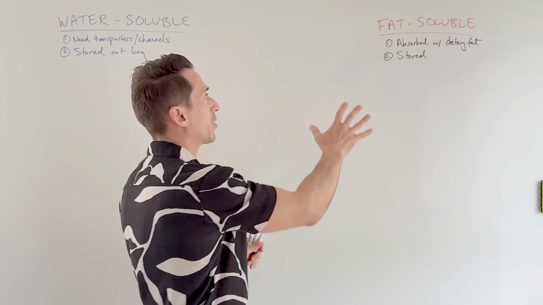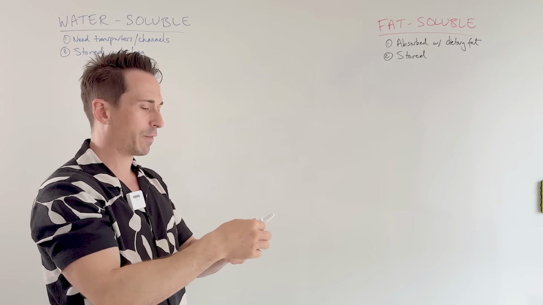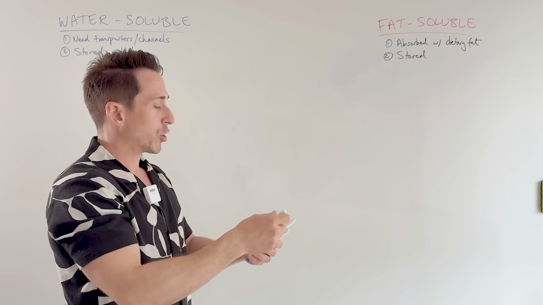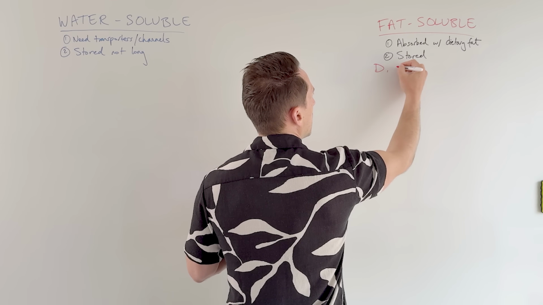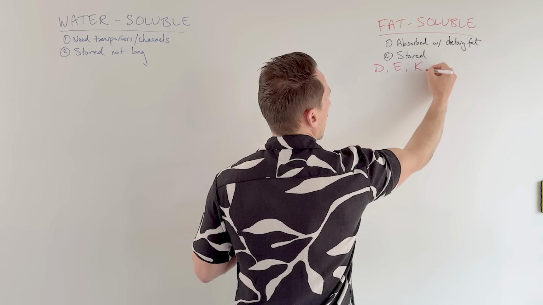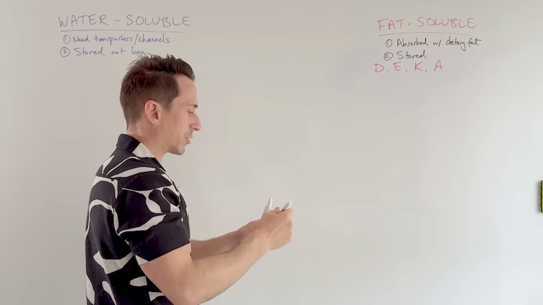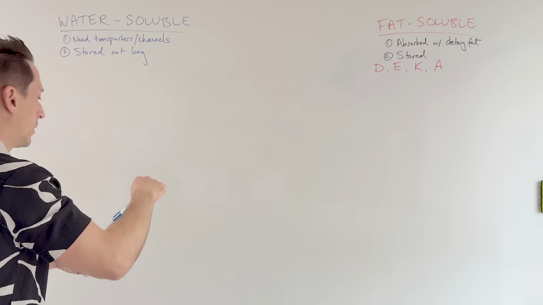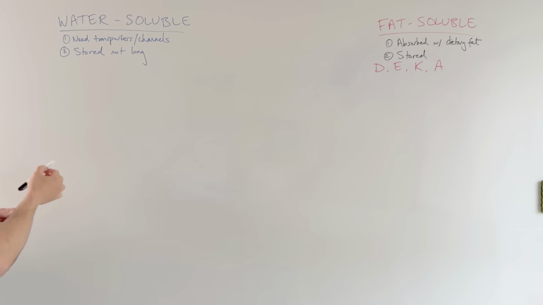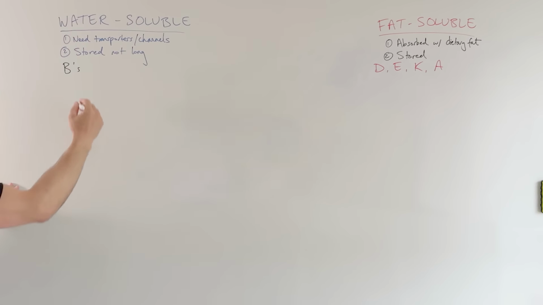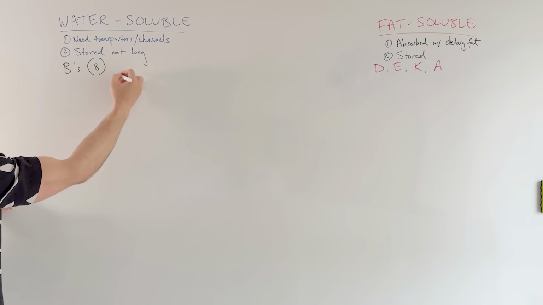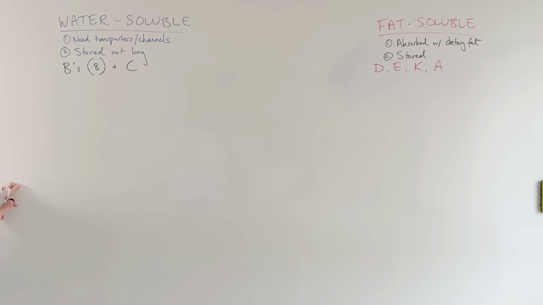Now let's take a look at what those fat-soluble vitamins are. Let's start with the fat-soluble. So you can remember them through DECA. D, E, K, and A. They're the fat-soluble vitamins. The water-soluble vitamins you can remember as the B vitamins, so the Bs, and there's 8 different B vitamins, and vitamin C.